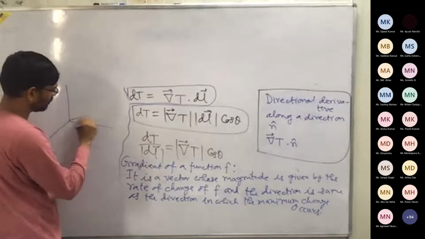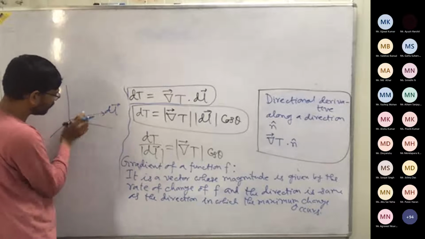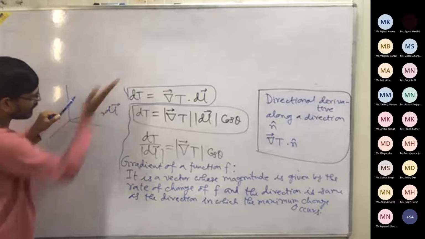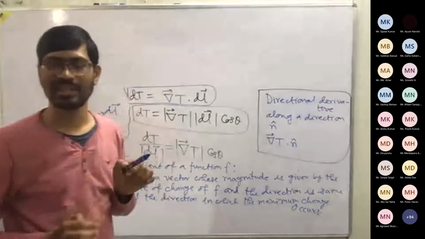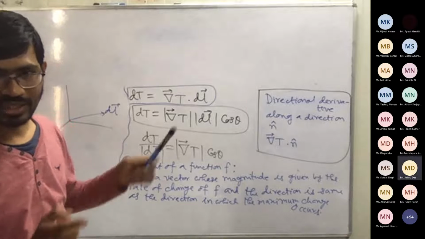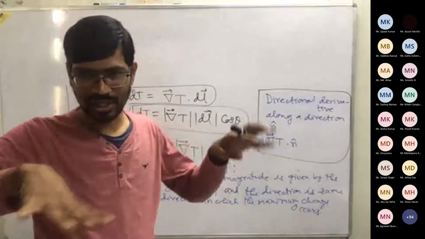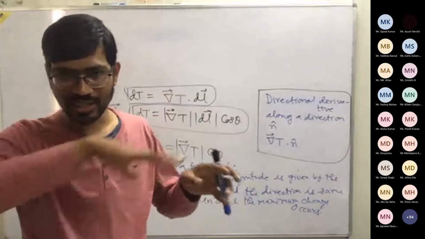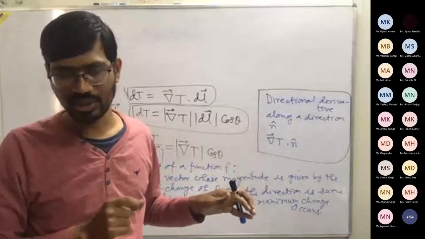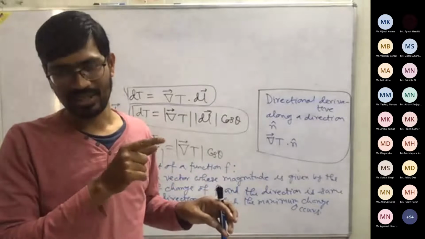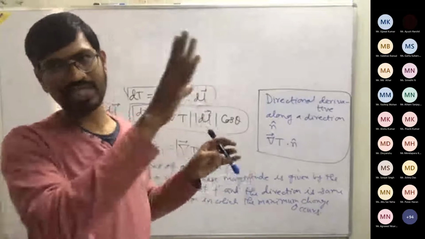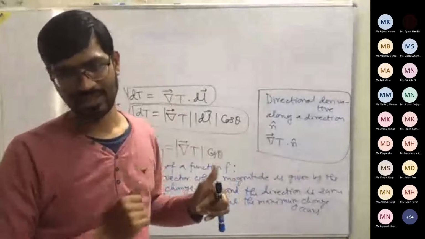You change it in different directions and you see in which direction grad t is maximum. As I said, when you are working on a hilly area, you have different height at different points, and the gradient of t will tell you in which direction the height will have maximum increase.